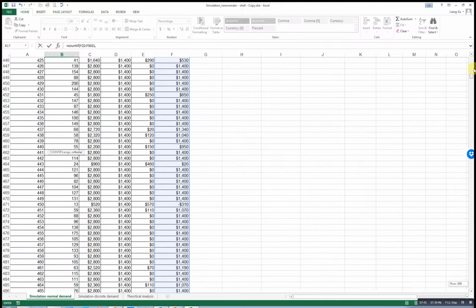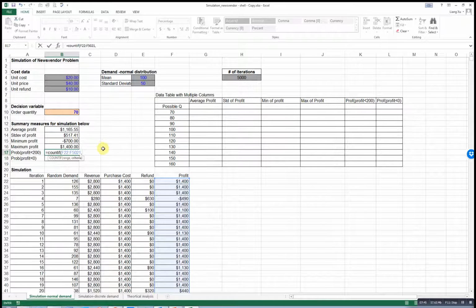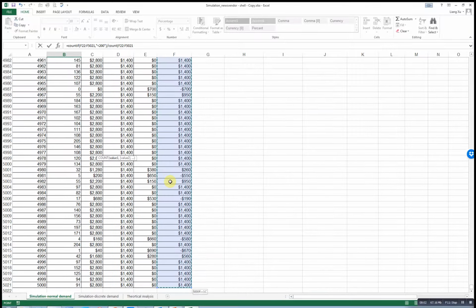And since it's probability, we have to divide it by the total number of iterations, which is just to count how many rows we have together. Okay, so we get this chance that we would earn profit less than 200 is 8.5%.